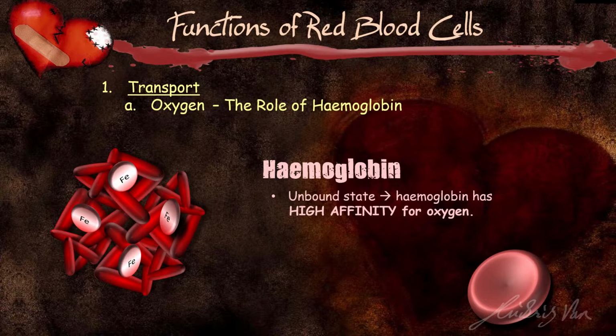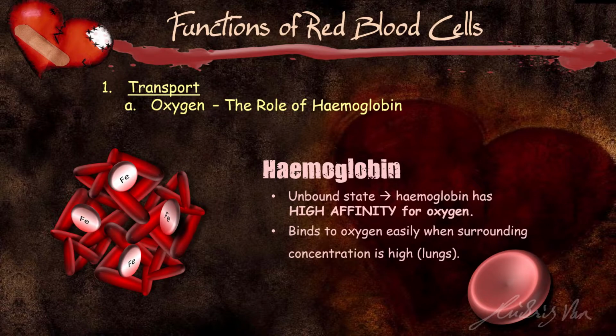Now, this is important. Hemoglobin has high affinity for oxygen. That means they bind readily to oxygen. So in region where there is high concentration of oxygen, such as our lung, oxygen can easily bind onto the hemoglobin inside our red blood cell.